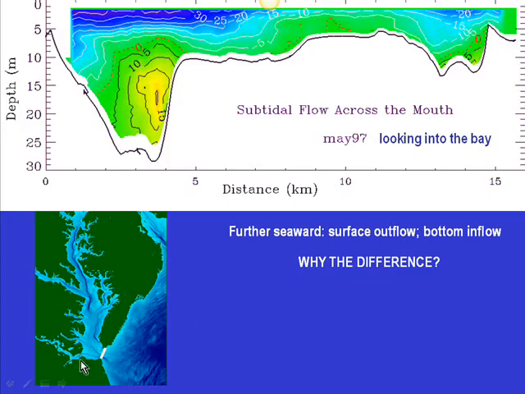The transect that I showed you before is actually from approximately here. So you only go 10 kilometers seaward to this transect and you get this net flow. If you look at the deepest part of the channel, you have outflow in the surface and inflow at depth. So now you have a vertically sheared flow.